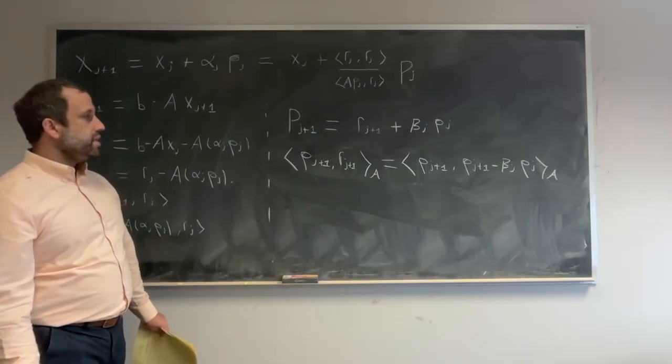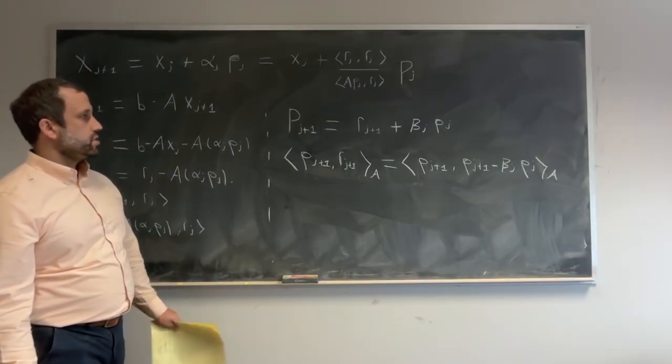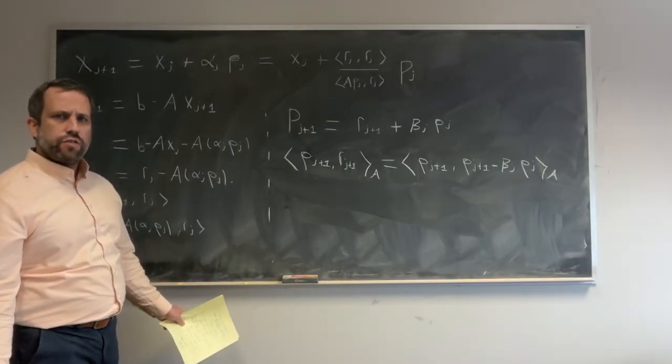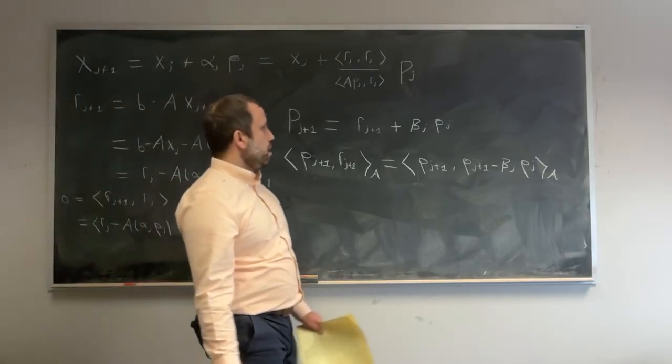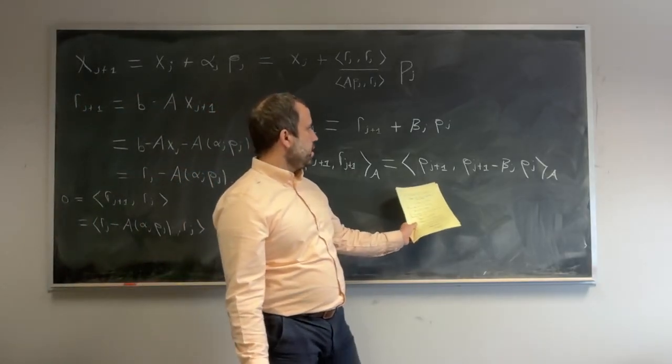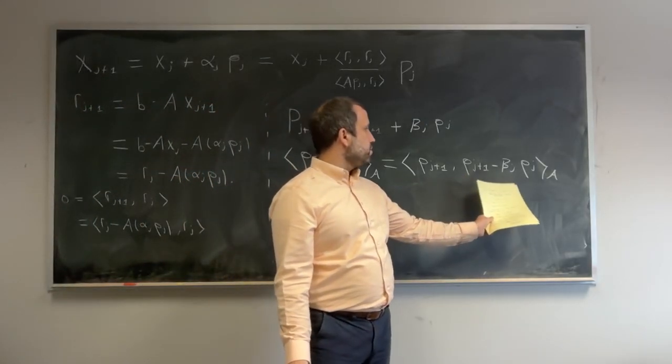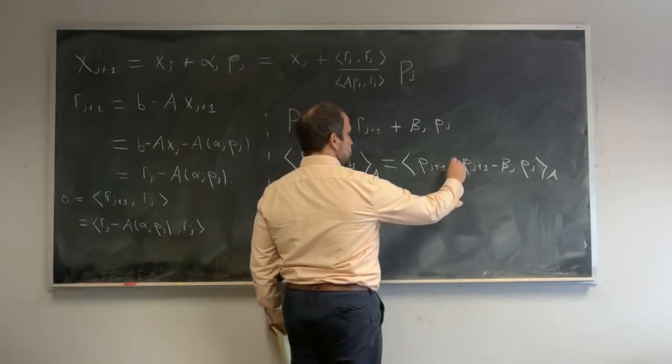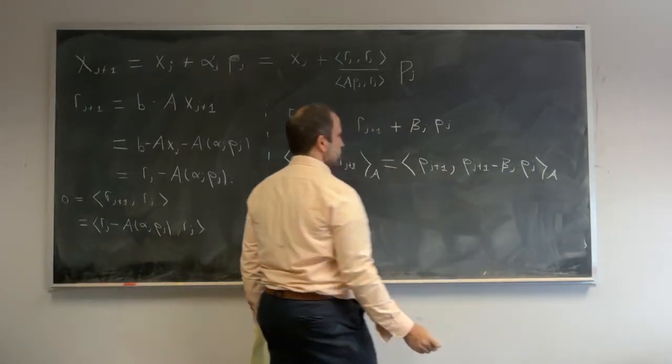Now, again, the p_j's are orthogonal to each other in the A inner product, which means p_{j+1}, doing the inner product of that with beta_j p_j is going to be equal to 0 in the A inner product.